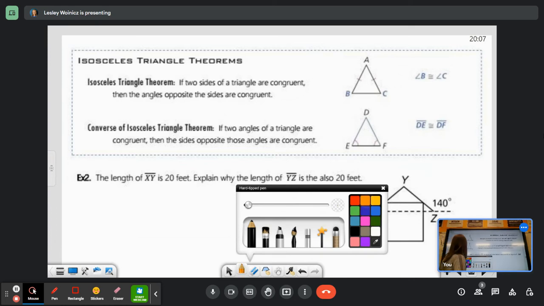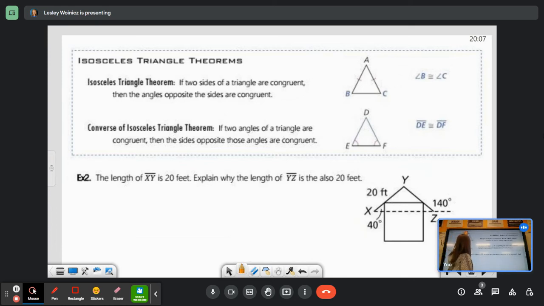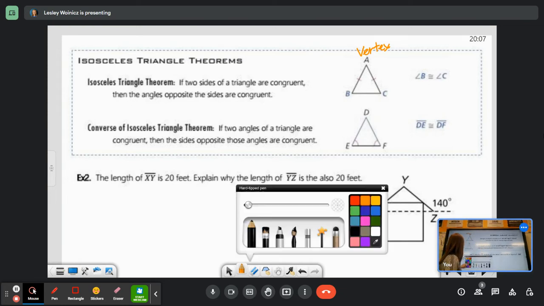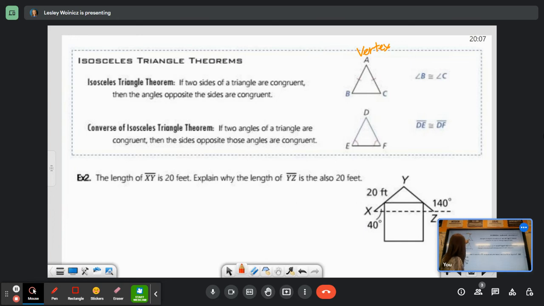If you're keeping track here, this angle A would be the vertex because it is made up of the legs, right? So the angles that are congruent end up being the base angles.